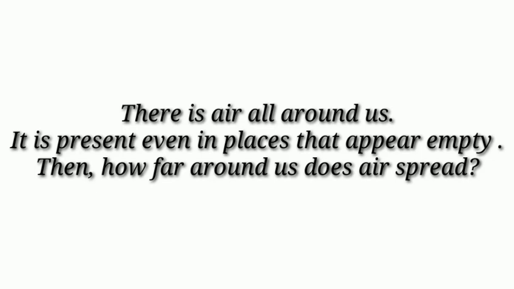We have seen there is air all around us. It is present even in places that appear to be empty. Then how far around us does air spread? For this, students, we are going to try one activity.